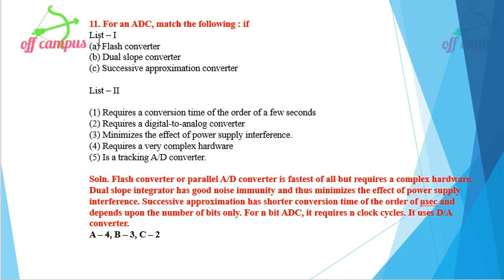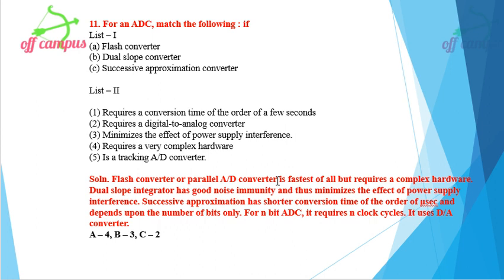First in list 1, what is flash converter? Flash converter matches with requires a very complex hardware. Flash converter's other name is parallel AD converter, and it is the fastest among all of the converters.